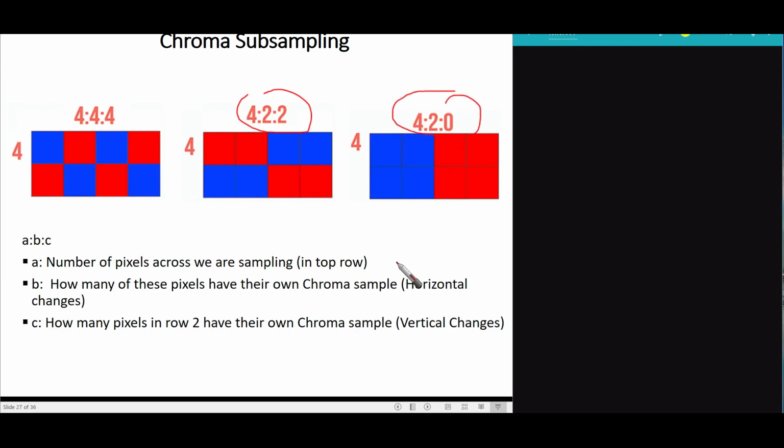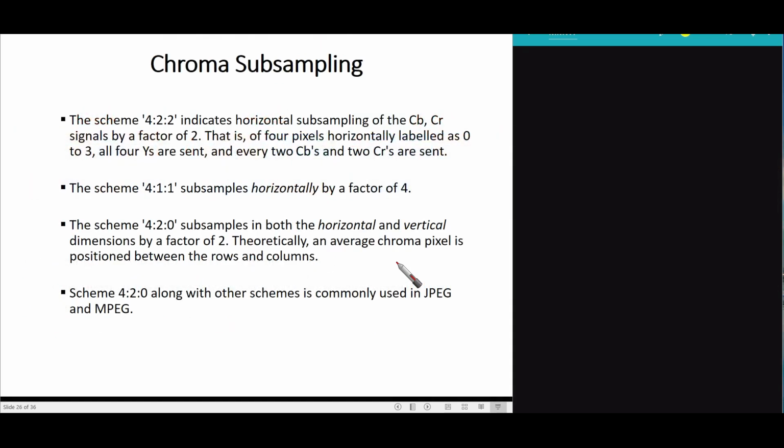Now 420 simply means that we are again reducing by a factor of 2 in both horizontal and vertical directions. This 420 subsampling, and some other subsampling methods, is mostly used in JPEG and MPEG systems.